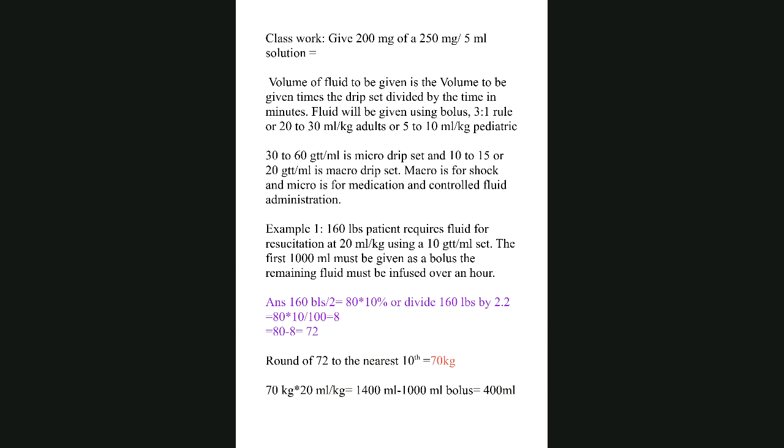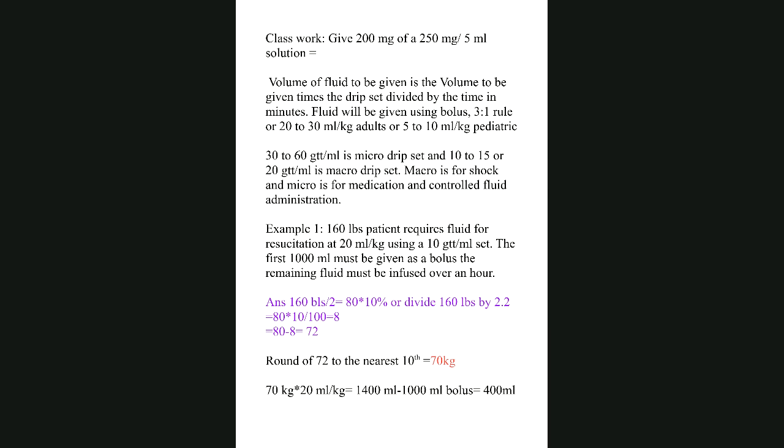Right, so the first example, you have a patient that weighs 160 pounds. The patient requires fluid for resuscitation at 20 mils per kilogram using a 10 drop per mil set. So the formula for fluid administration is the volume to be administered times the drip set divided by the time in minutes, right?